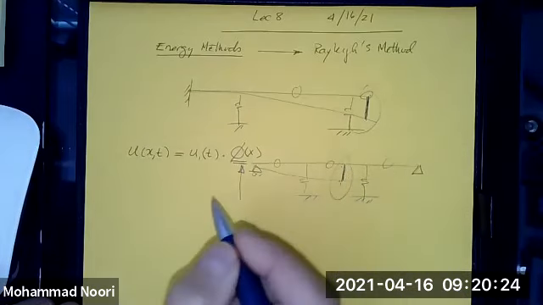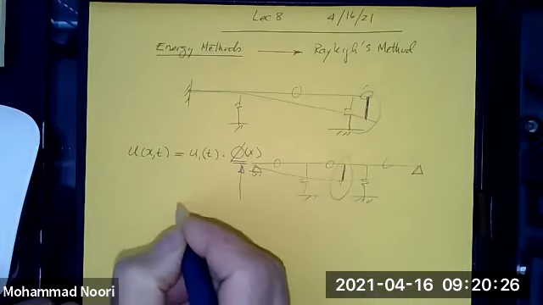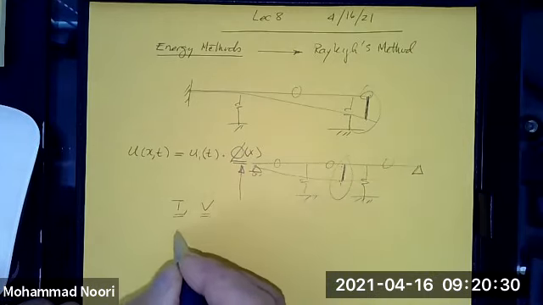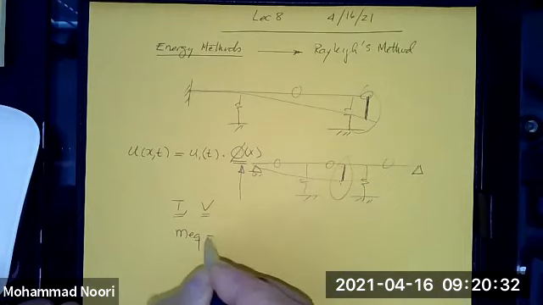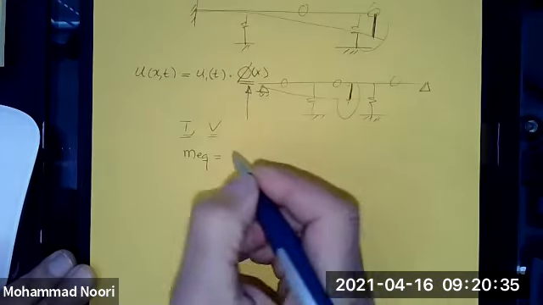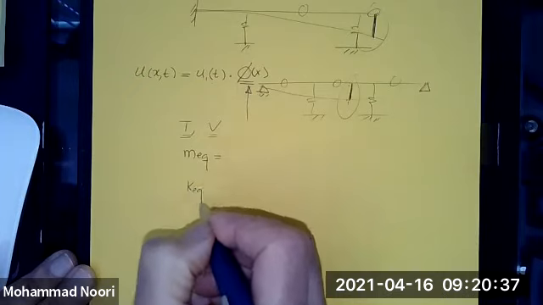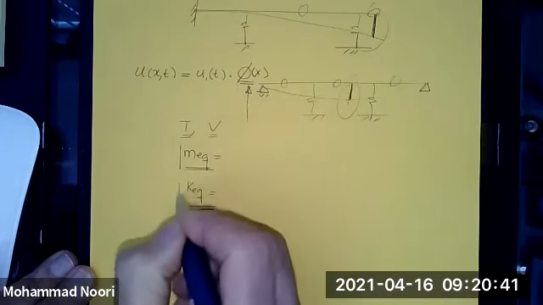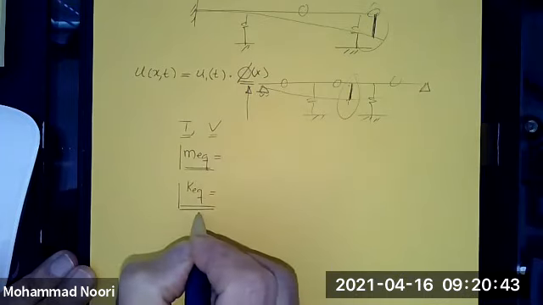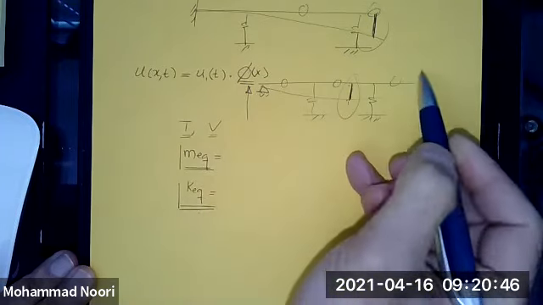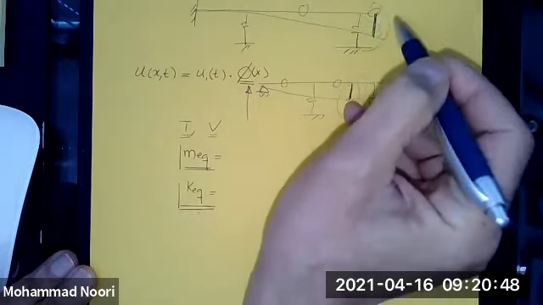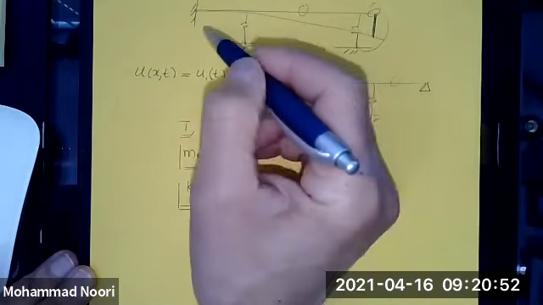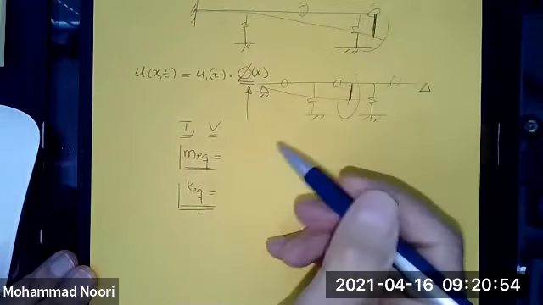So based on that, Rayleigh set up the kinetic and potential energy, and then did this formulation that resulted in identifying the equivalent mass and equivalent spring, or the combined effect of, let's say, if you look at a case like this, all these masses, including the mass of the beam.